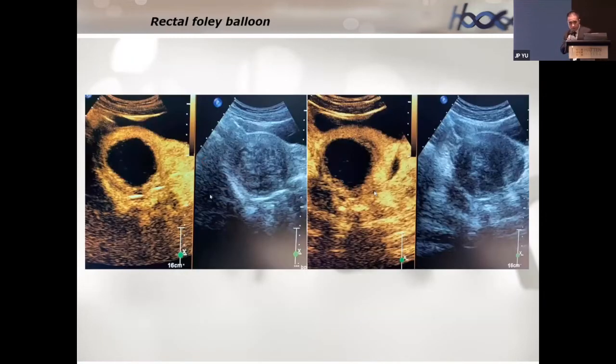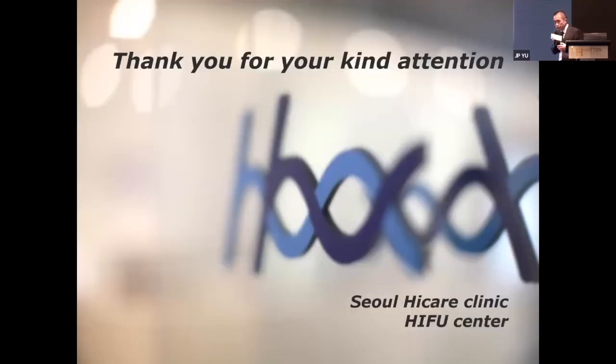This image is the next-day sonogram. We could treat all the tumor effectively. So in my opinion, if we treat with Sonazoid and rectal polyballoon inflation, we can treat very effectively, and we can also significantly reduce the power and energy.